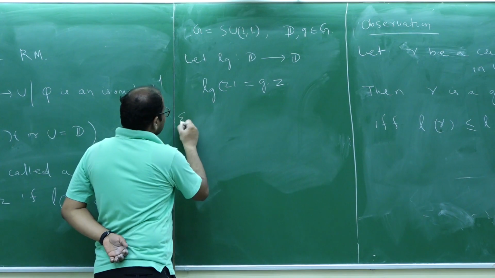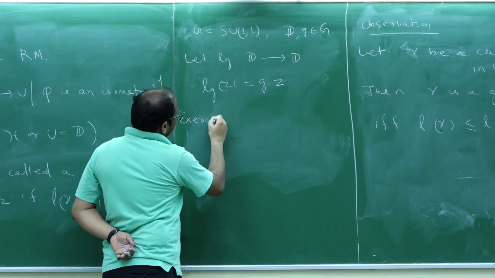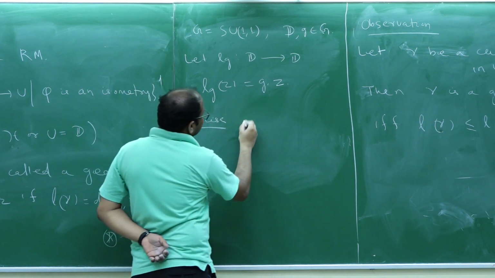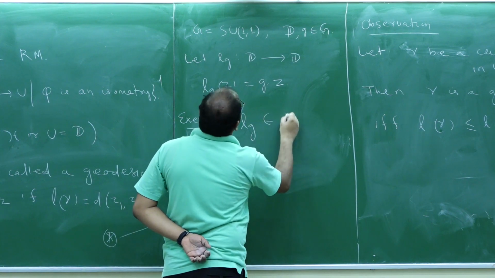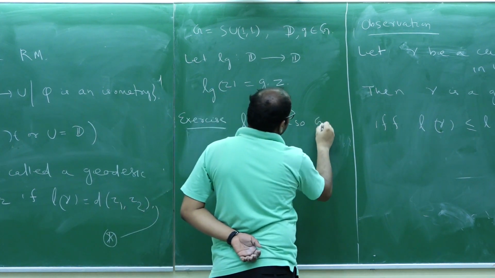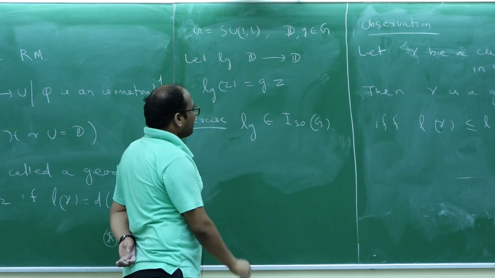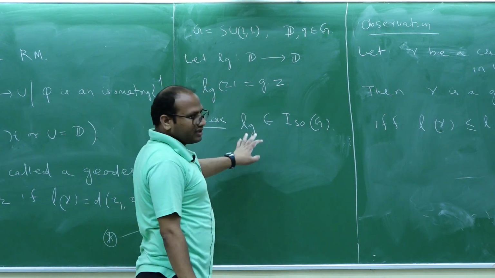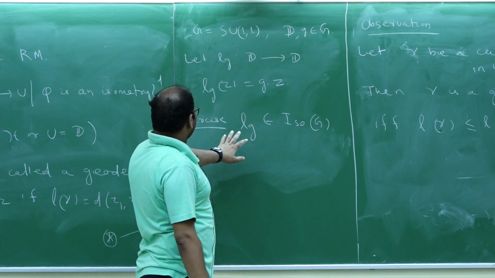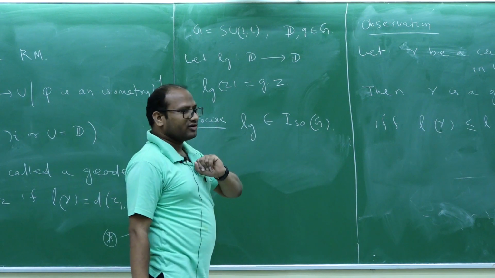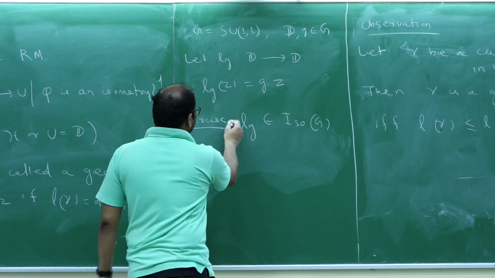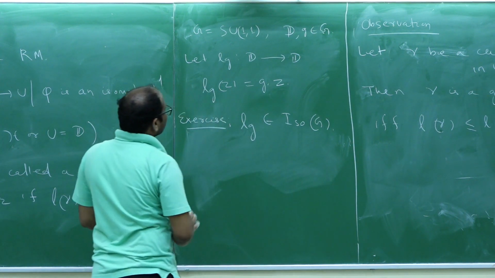And one thing you can check as an exercise is that L_g belongs to the isometries. This is a simple exercise. Actually, I have done this exercise in my notes. You can see that. So L_g belongs to the isometries.